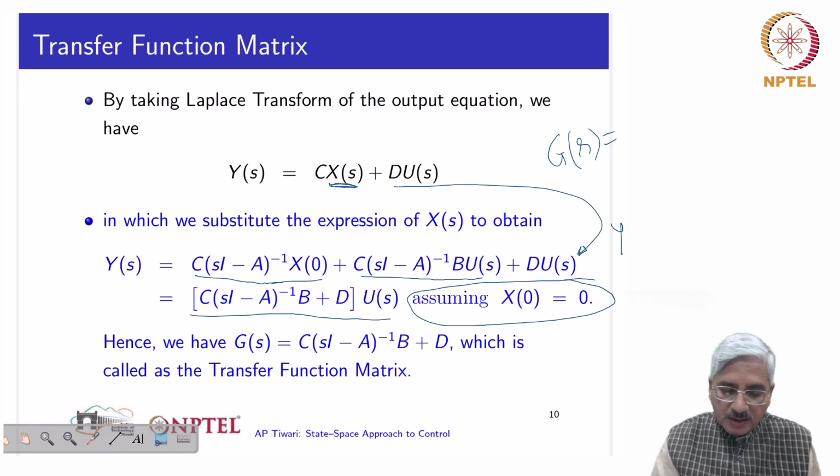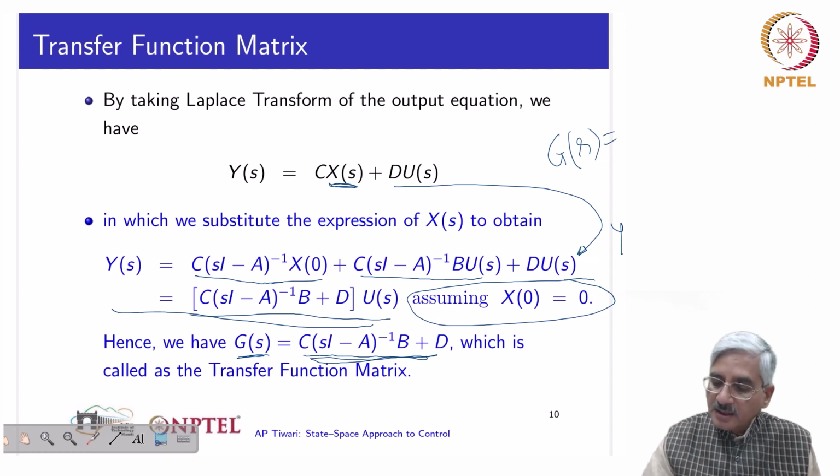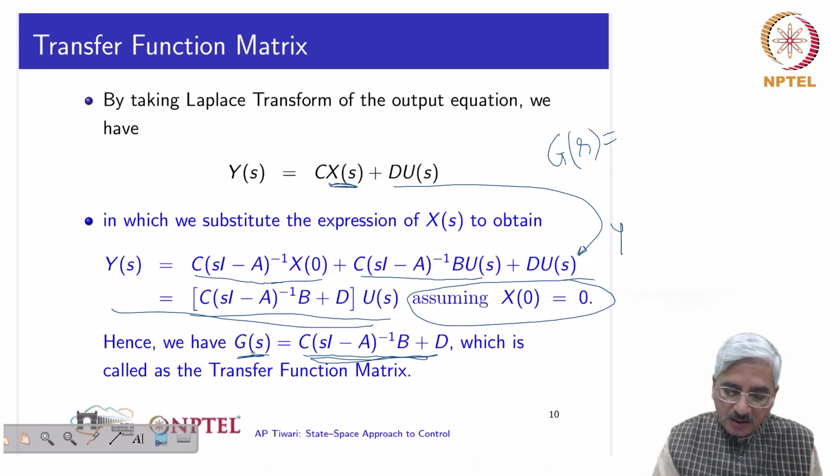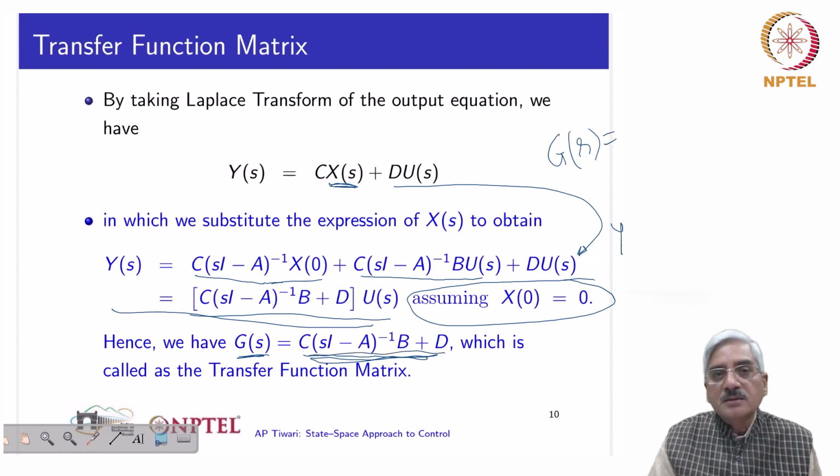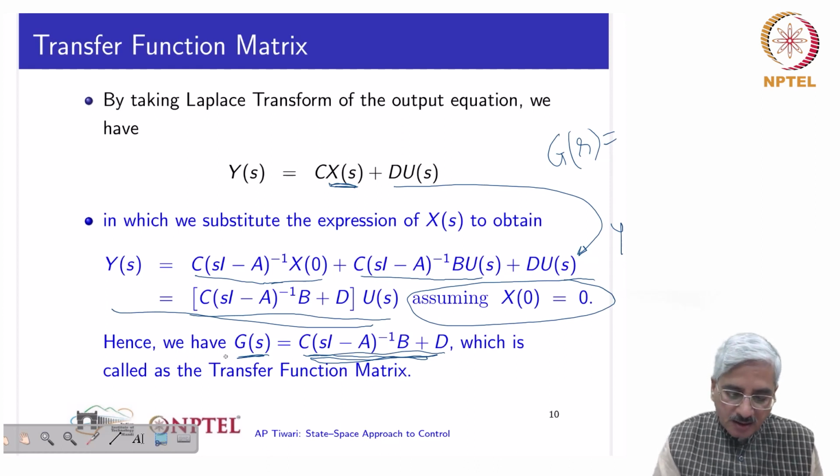So if we compare this expression with this expression, we can write G(s) as C (sI minus A) inverse B plus D. The only difference is that in the case of SISO systems, G(s) is a ratio of polynomials. However, here G(s) is a matrix and each element of the matrix is a ratio of polynomials, and it is called the transfer function matrix.